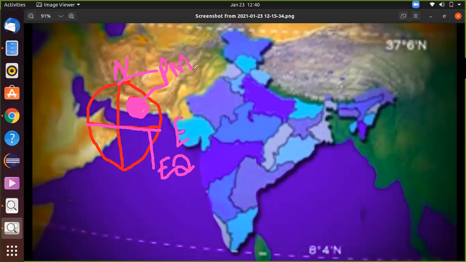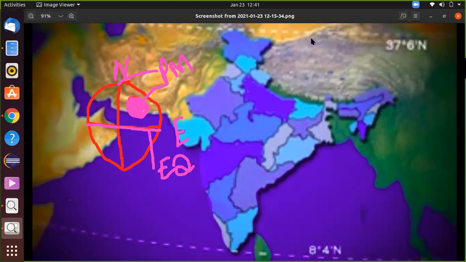Just as the equator is 0 degree latitude, similarly the prime meridian is 0 degree longitude. The prime meridian is used as a reference point to measure time. So I hope now the position of India in general is clear: it lies in the northeastern hemisphere of the world.